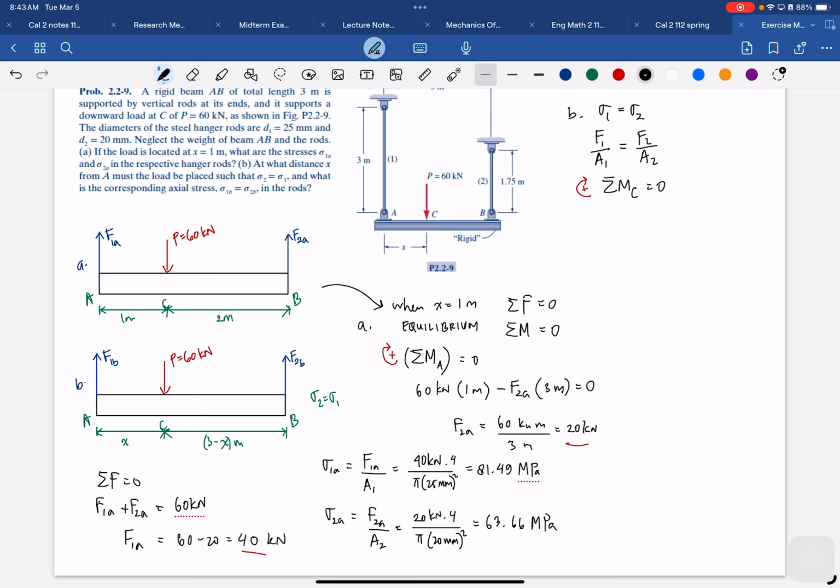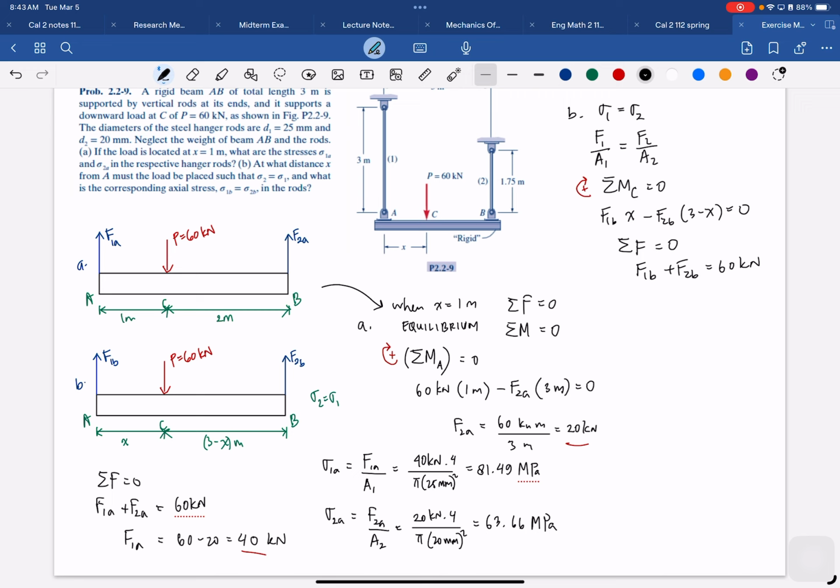So let's say this is going to be F1B x minus F2B (3 minus x) equals 0. And then the sum of F equals 0, which means that F1B plus F2B is equal to 60 kilonewton.